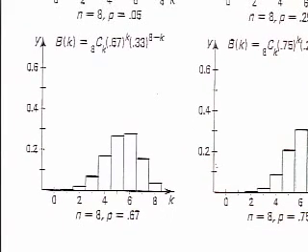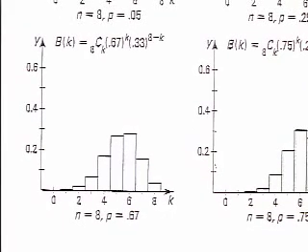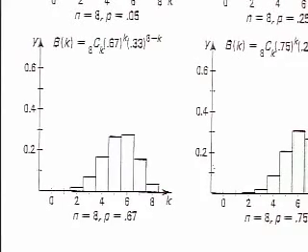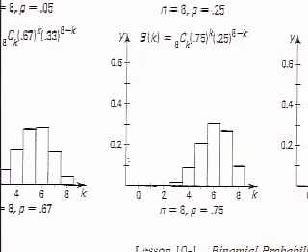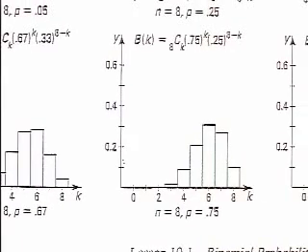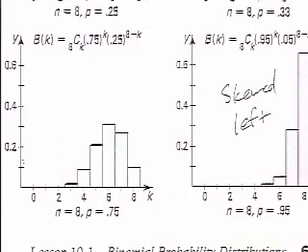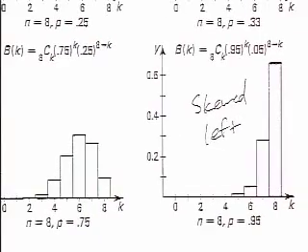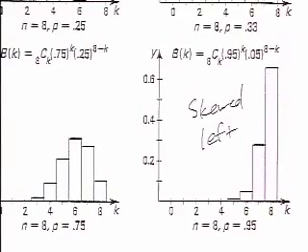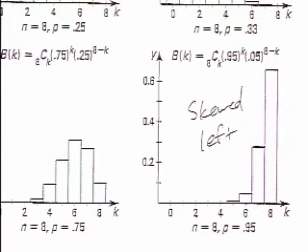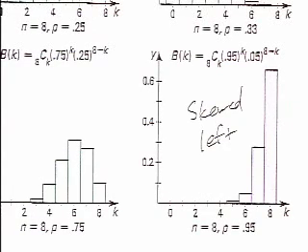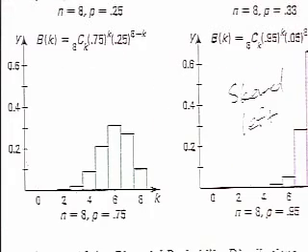To 0.67 success rate. It looks kind of like the one before, but just kind of reversed in the other direction. And 75% looks an awful lot like 25%, just kind of flipped around. And lastly, we get to the 95% success rate. And it has a tail pointing to the left, so it is called skewed left. So that gives you an idea of how the probability of success will change the picture.